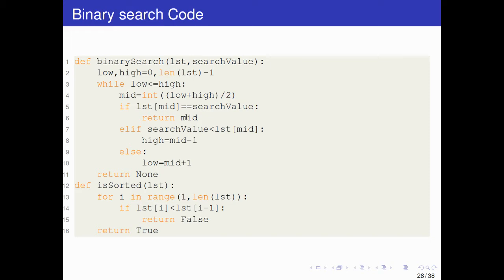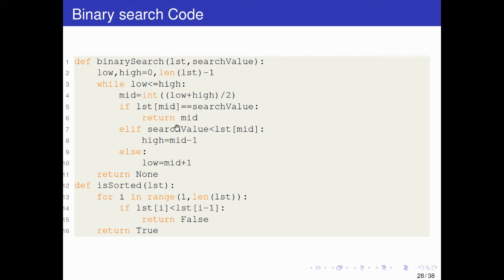Mid is the index, so we are returning that mid. If the value at index mid is equal to the search value we are looking for, we return mid. If it is not like that, then we have to go into either right or left.